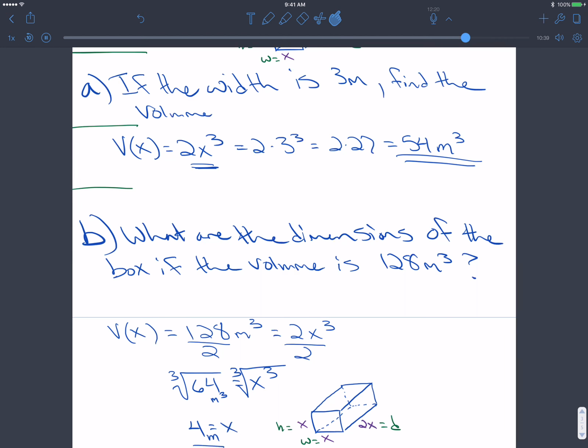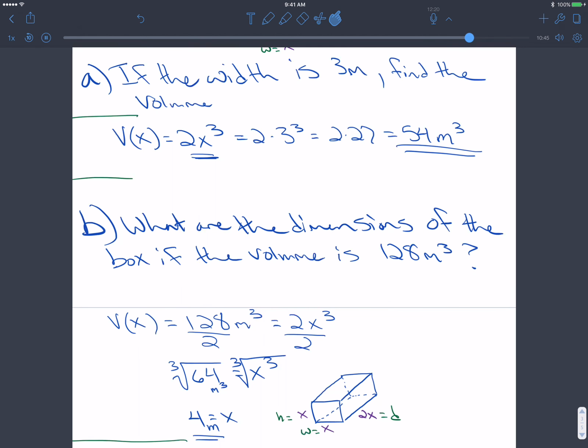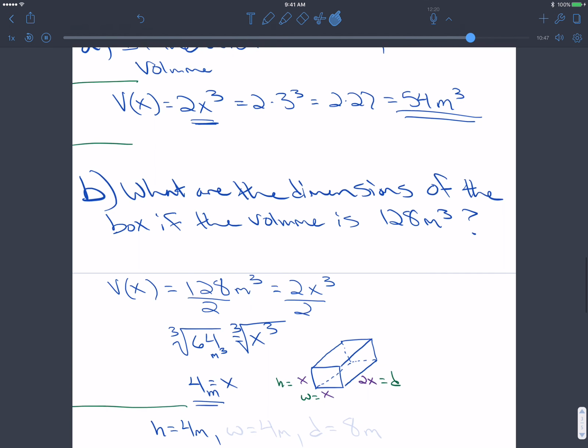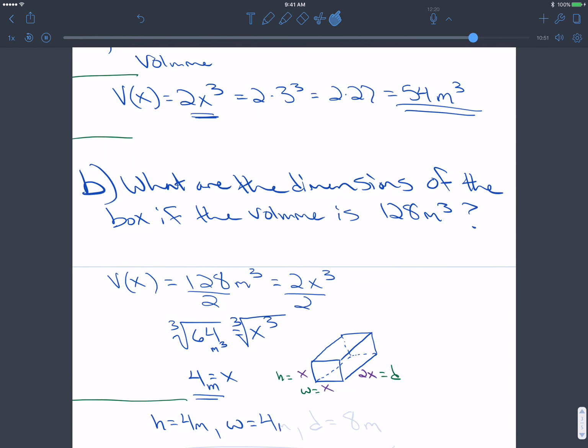So 4 meters should be the value for x, which means that when we look at the picture of our box, our height is equal to 4 meters, our width is equal to 4 meters, and our depth is equal to 2 times that, which is 8 meters. Those are the dimensions of the box, given that the volume is 128 meters cubed.